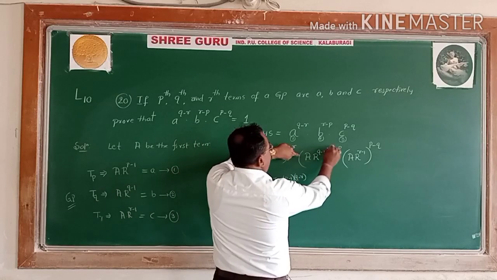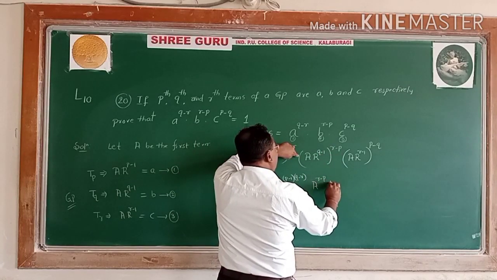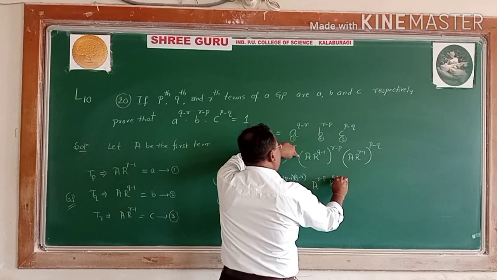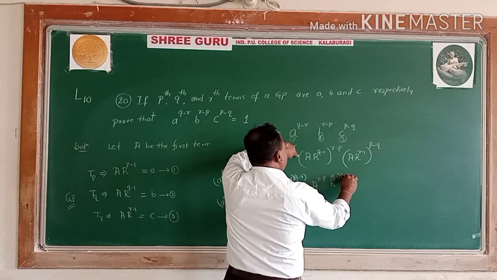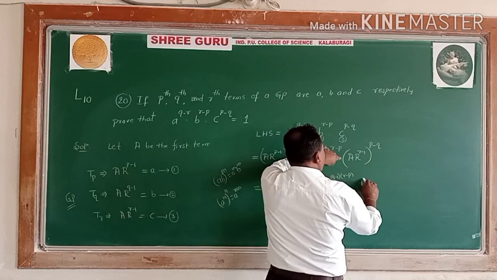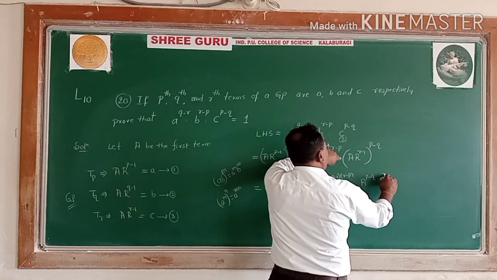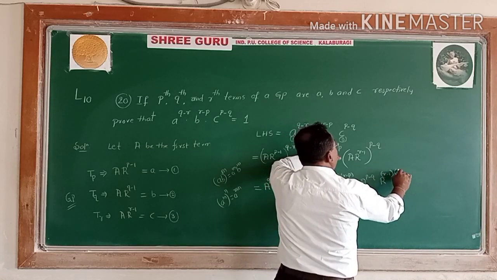Clear? Next A power r minus p, R to the power q minus 1 into r minus p. Next A power p minus q, R to the power r minus 1 into p minus q.